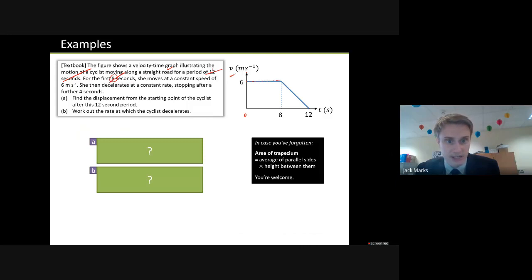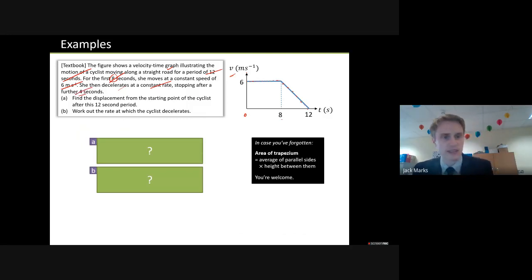She moves at a constant speed of 6. Yeah, that's already on the diagram. She then decelerates. If you're decelerating, your velocity should go down. Yeah, that makes sense. She then decelerates at a constant rate. That's why it's a straight line. Stopping after 4 seconds.